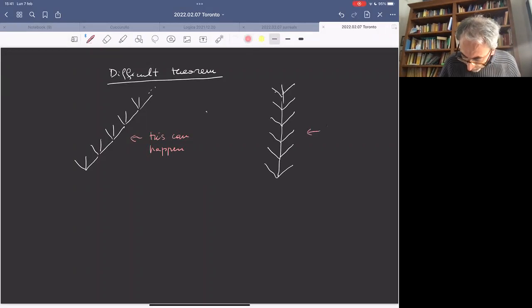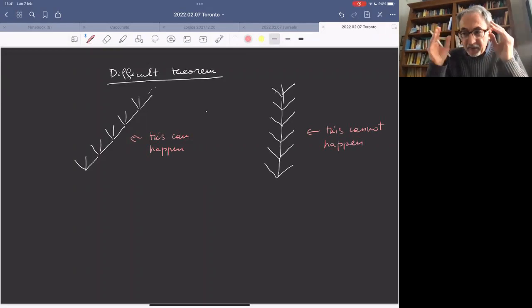This cannot happen. So there are no Christmas trees. This is the most difficult theorem. There are no Christmas trees in the surreal numbers.